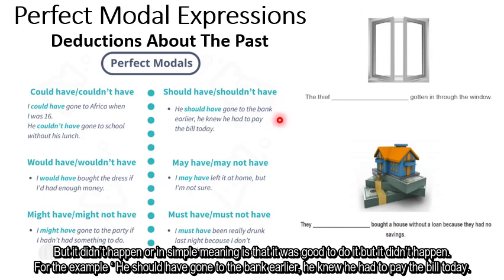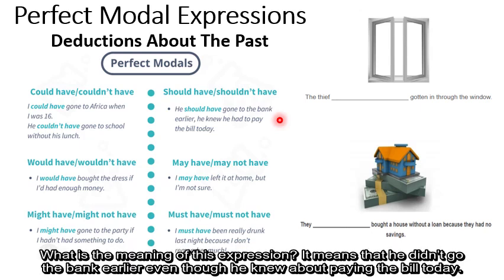For the example, he should have gone to the bank earlier. He knew he had to pay the bill today. What is the meaning of this expression? It means that he didn't go to the bank earlier, even though he knew about paying the bill today.